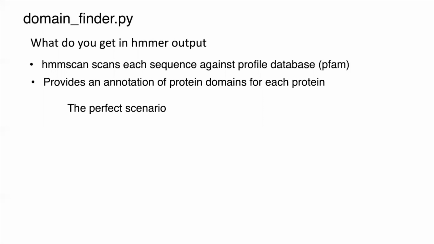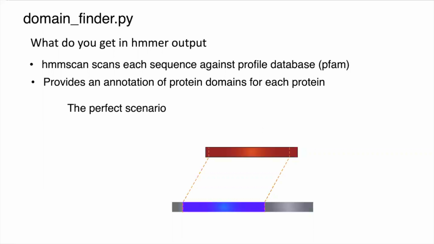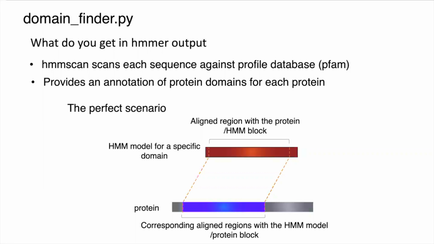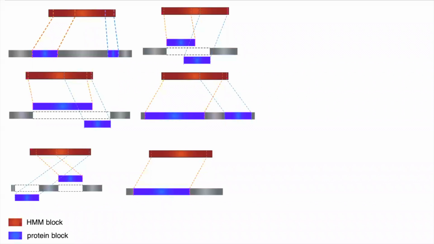So in the perfect scenario, you will have a single type of domain per protein, and the HMM model would align with the domain part of the protein like this. But in real life, domains tend to duplicate within the protein, where you will have complex cases like this. So we need to figure out if all these blue boxes are really duplicated domains or they are misannotations, depending on the annotation given by the hmmscan.